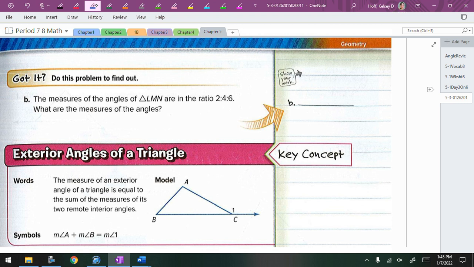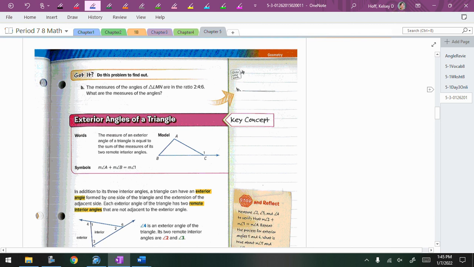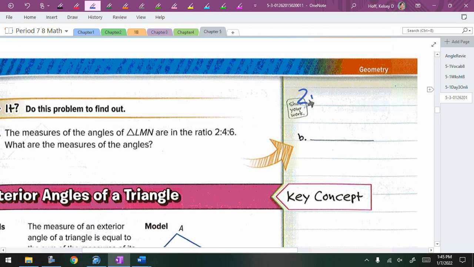Somebody help me set up this equation. 2x plus 4x plus 6x equals 180. 100%. Nicely done, Davion. 2, 4, 6 is my ratio. Every single one of those numbers needs to be multiplied by x. 2x plus 4x plus 6x equals 180.